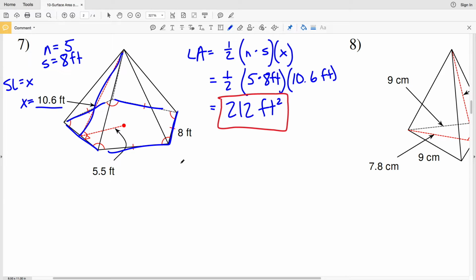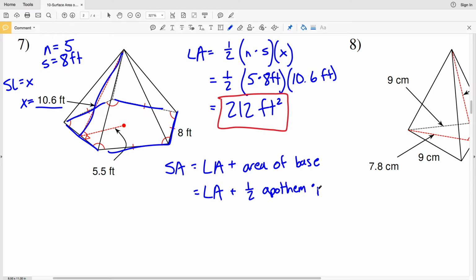However, now for surface area, we need to take the lateral area and add that to the area of the base, which, since the base is a regular pentagon, is 1/2 of the apothem times the perimeter.